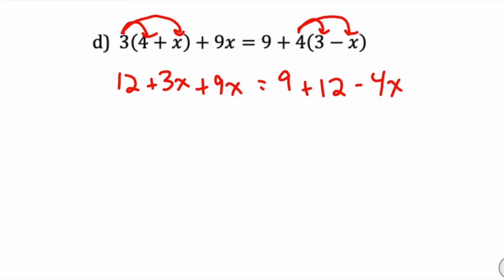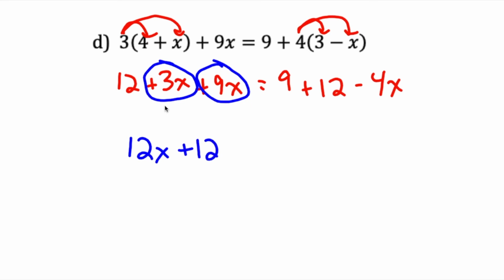Okay, now our next step, after we do the distributive property, we need to combine like terms. So left-hand side, what are my like terms over here? What are the like terms? Well, I have a 3x and I have a 9x. Okay, so 3x plus 9x is 12x. Bring down the positive 12 out front here.